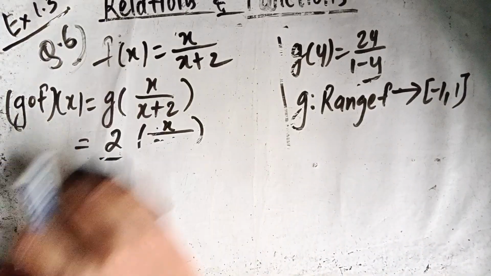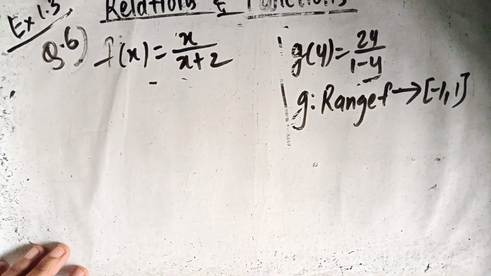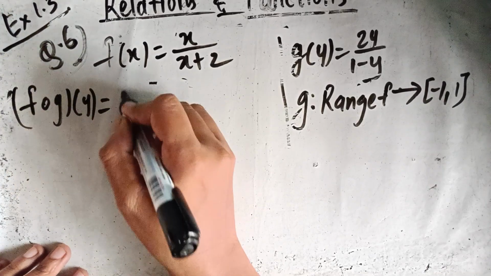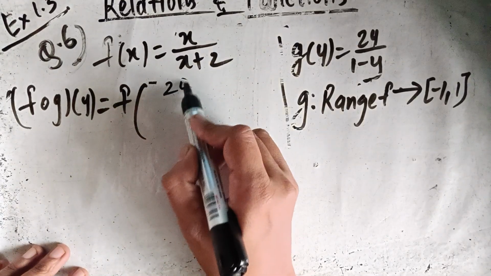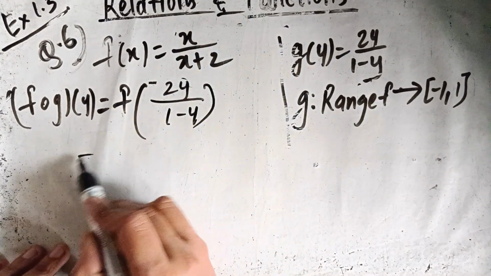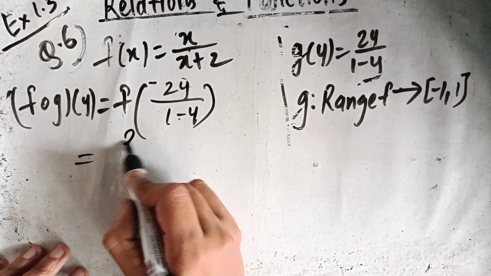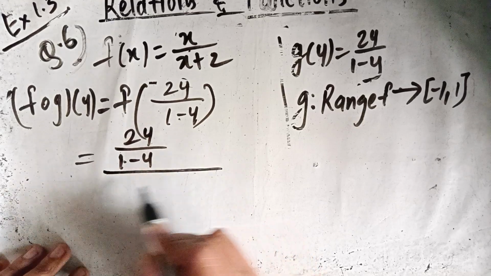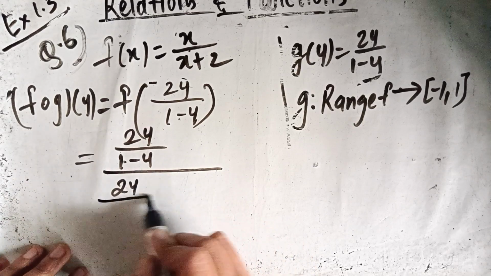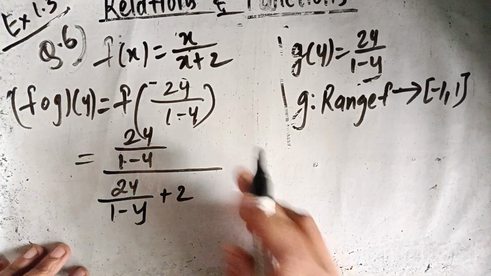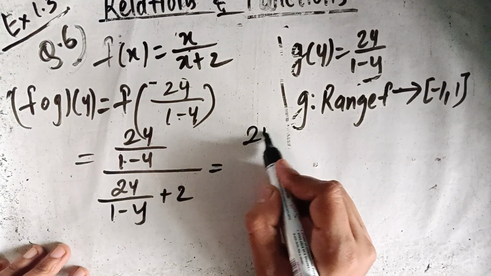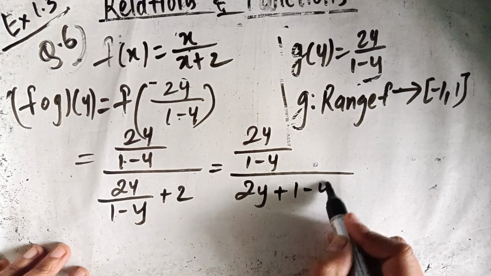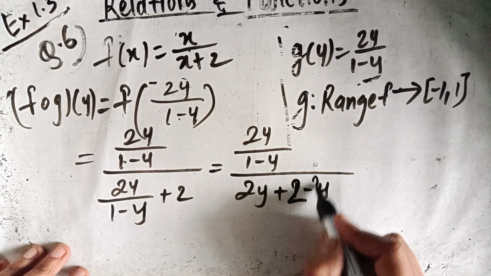Now we have to check f composite g of y. g of y is 2y upon 1 minus y. Now we have to put this in the function f. So 2y upon 1 minus y upon 2y upon 1 minus y plus 2, upon 1 minus y, cross multiplying, 2 and 2y.